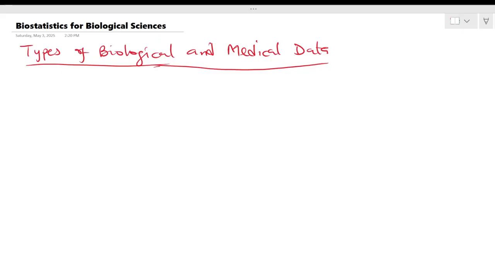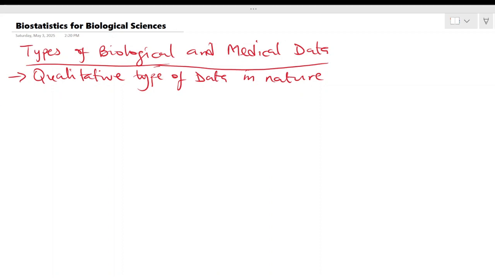So, in the types of biological and medical data, we established that they are what? Qualitative. They are qualitative type of data in nature. So naturally, they are qualitative, and the scale that is used are what?